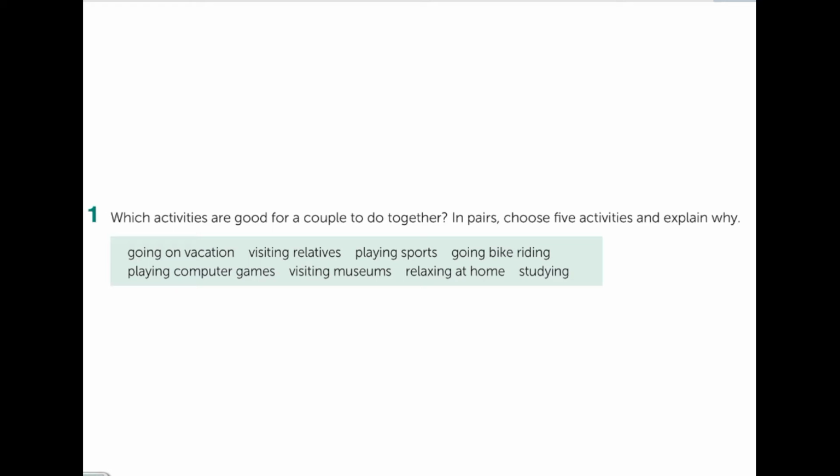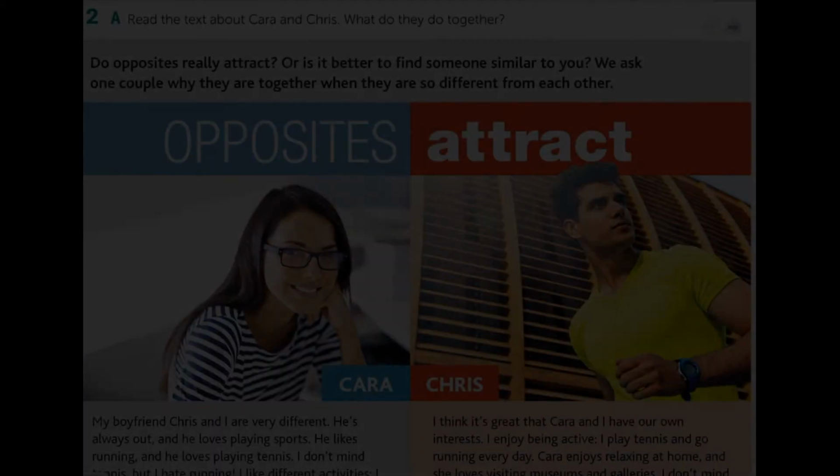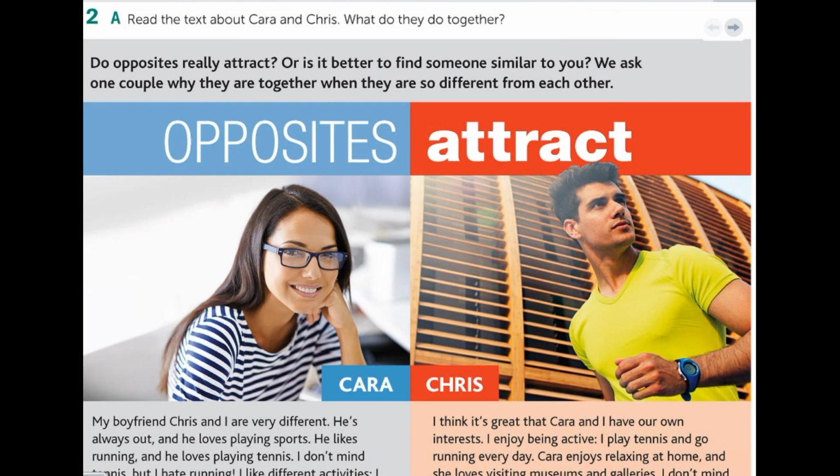Do you study a lot in groups or in a couple? You and your brother, you and your sister, or with your father, mother? So, these are some activities that a couple can do together, right? What do you do together with someone? So, this is a couple.